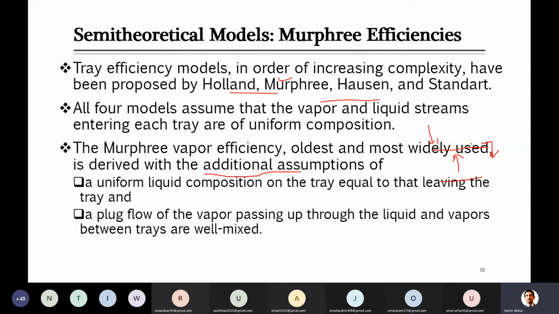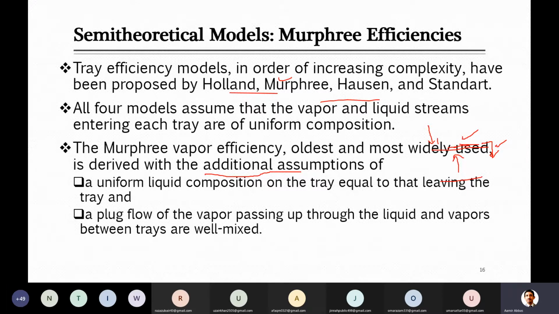Actually, what he considered is that when the liquid is on the surface of any tray and coming in contact with the vapors, and then the liquid leaves this tray through the downcomer, moving down towards the next tray, this composition is the same here as well as on the surface of the tray.